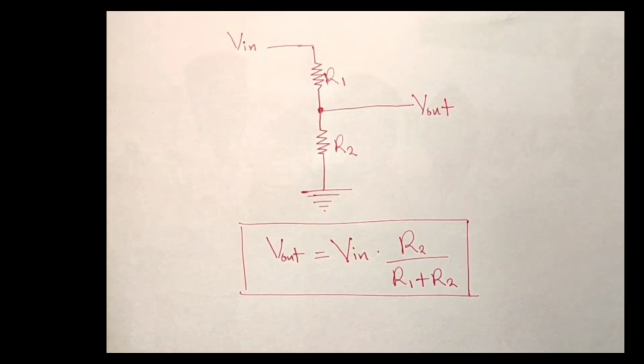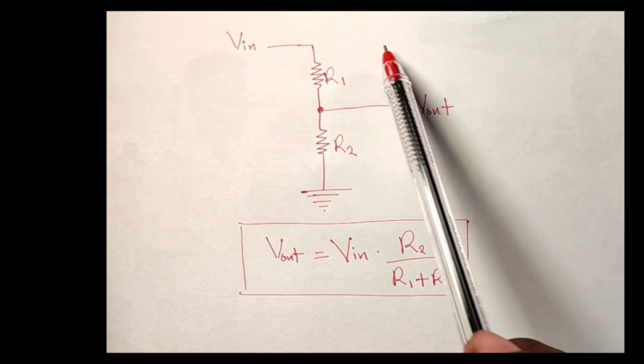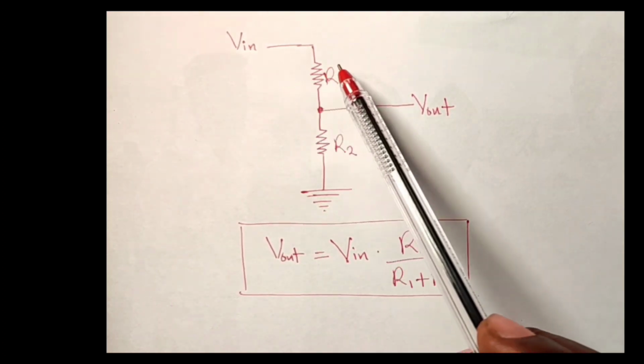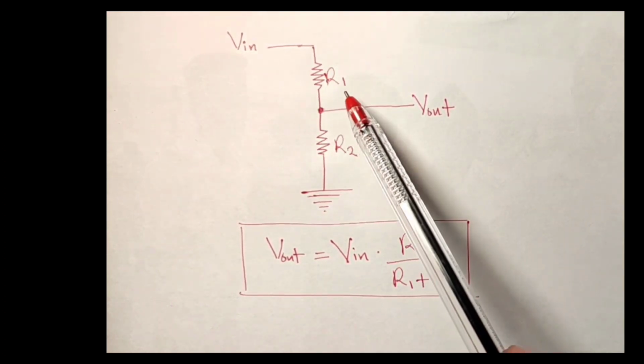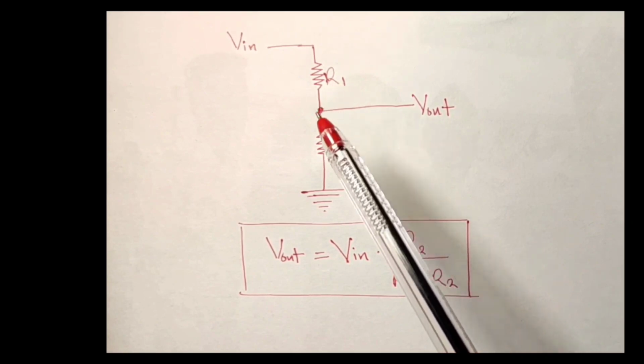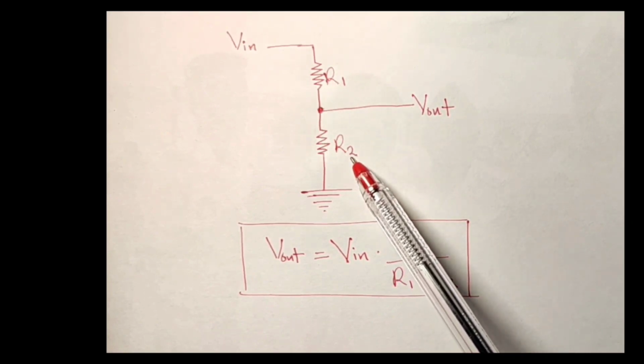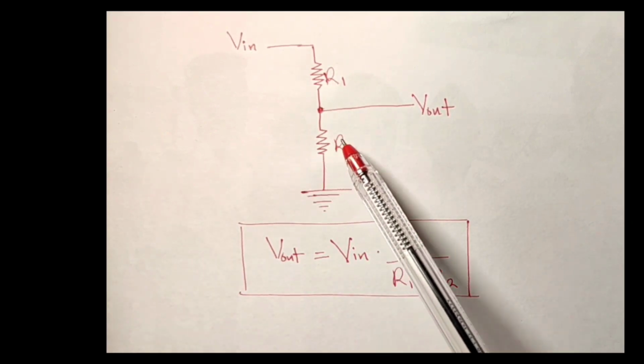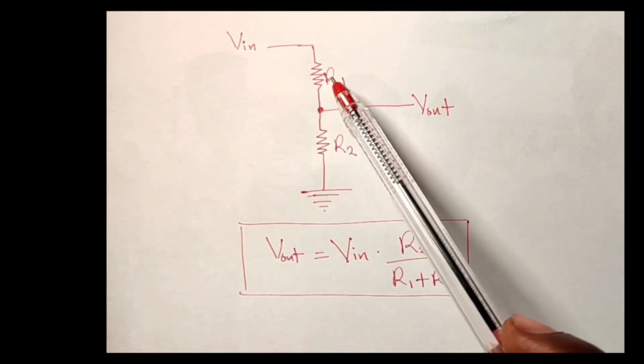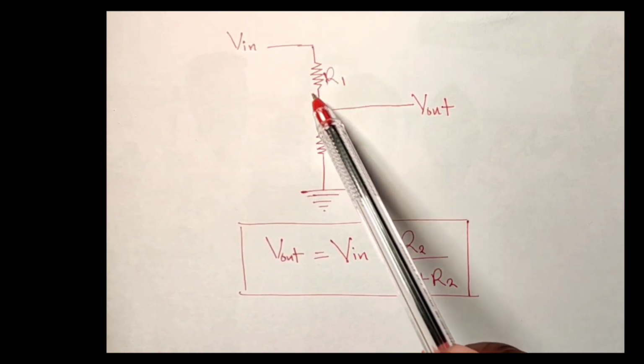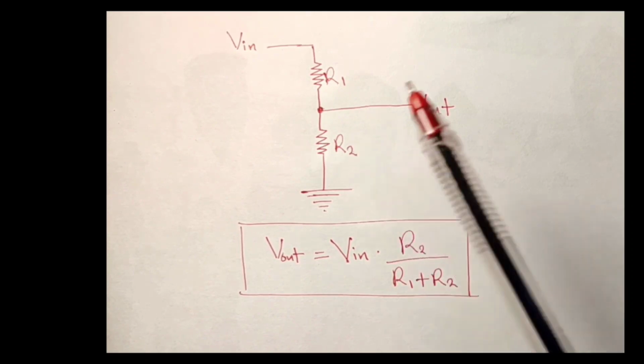Here we're going to find out the behavior of this voltage divider circuit if R1 is the resistor that is far, far greater than R2. Unlike what we saw previously where we considered R2 far, far greater than R1, here we are checking for R1 far, far greater than R2.